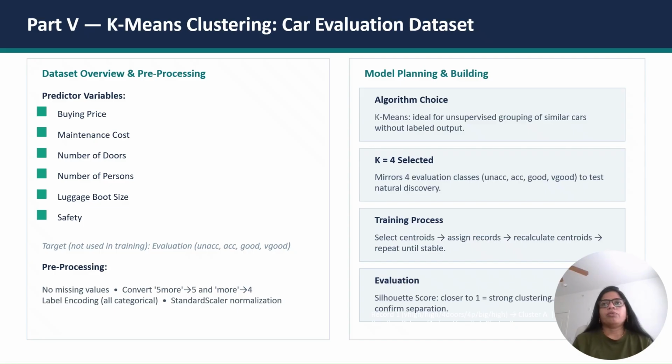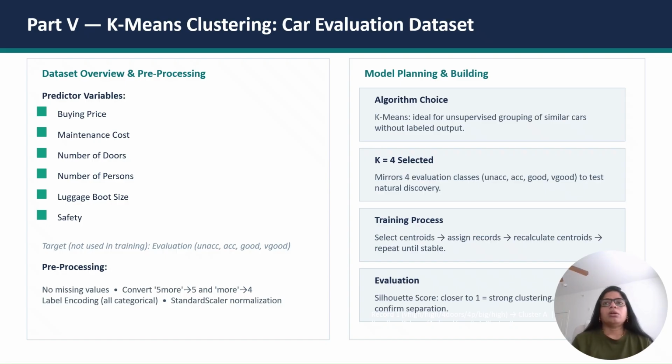Here also we did some pre-processing steps before model planning. First we determined whether we have any missing values in the data, and whether we have any abnormal values to handle.